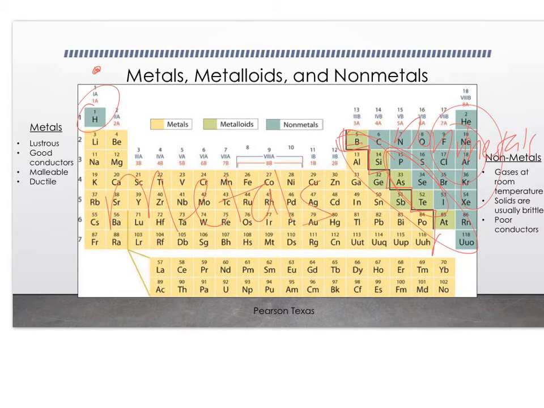So depending on the element, you can either be a good conductor or a poor conductor. They're just like a mix of a metal and a nonmetal together. But what you do need to memorize is that metals are all to the left of the metalloid belt. The metalloids touch this metalloid belt line, and then your nonmetals are to the right.